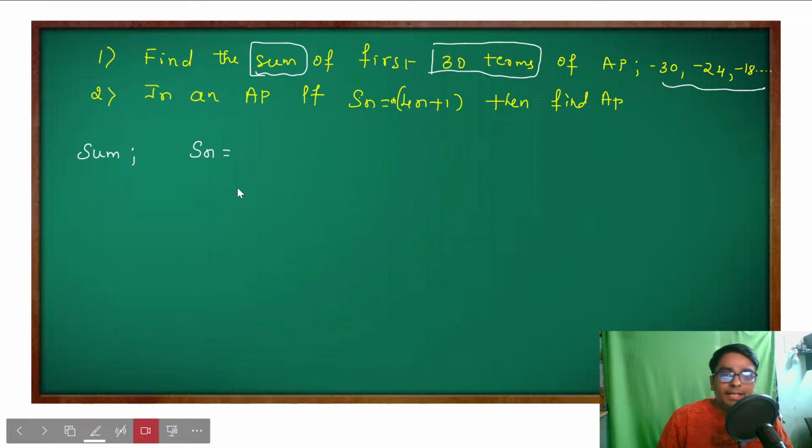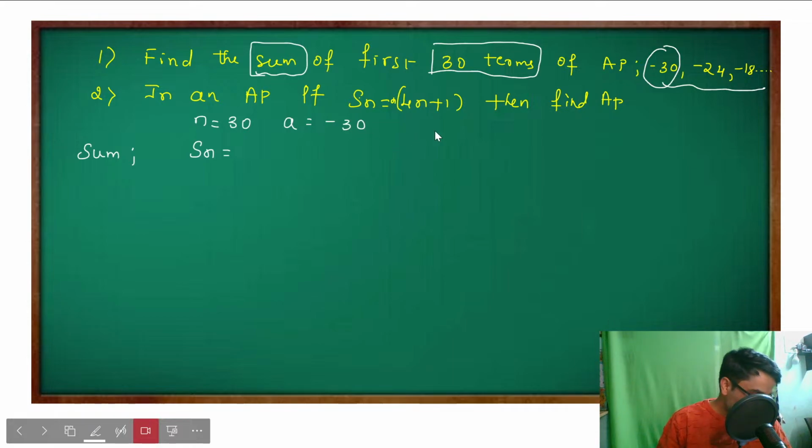Then they have given 30 terms, so your n is equal to 30 here. What is your first term from the sequence? Here minus 30. This is your first term.